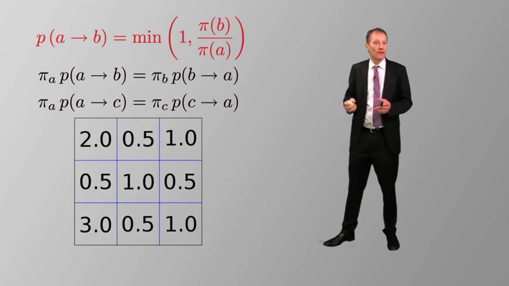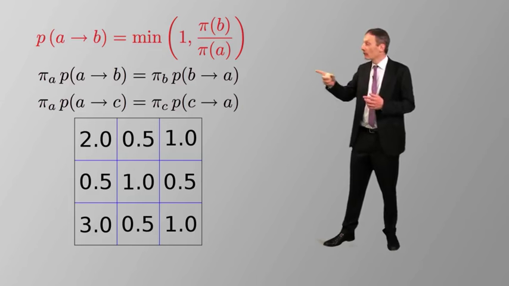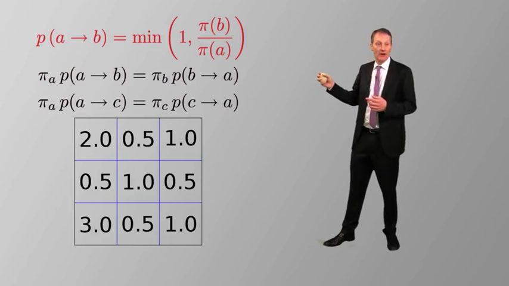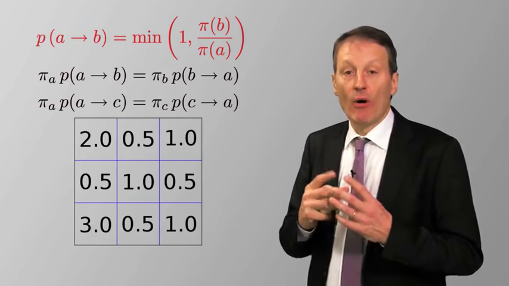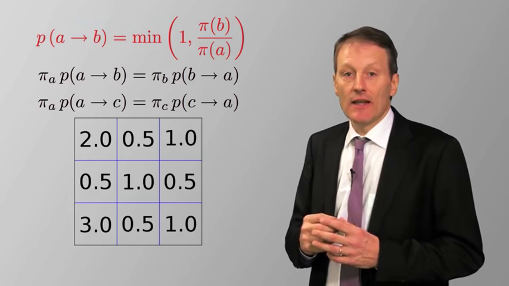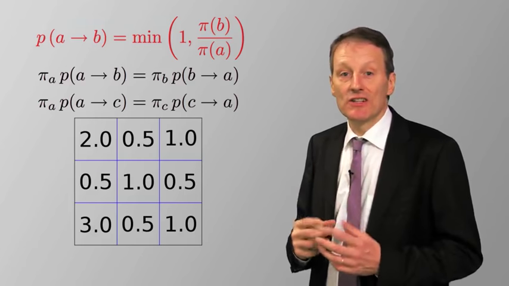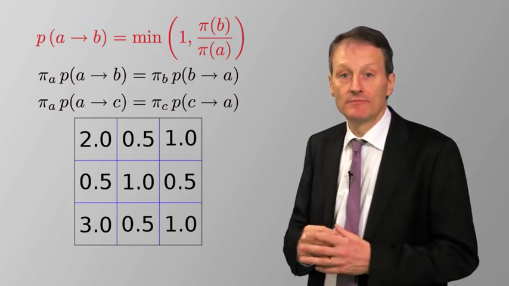In this rule, either the transition probability P from A to B or the transition probability P from B to A is equal to 1. And in both cases, the detailed balance condition is okay.